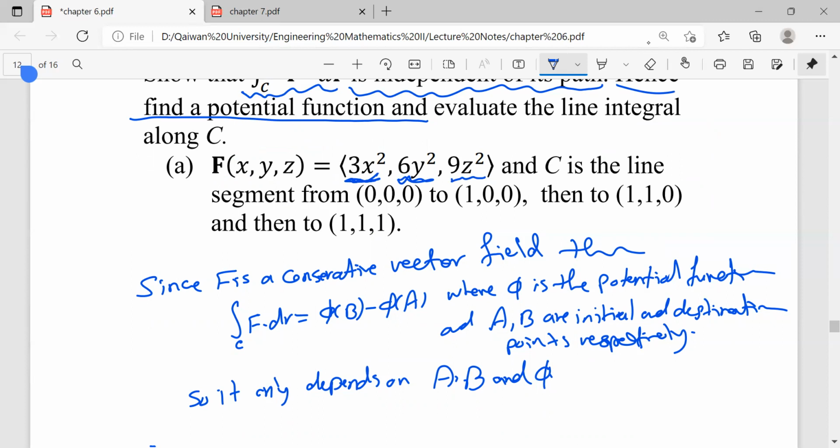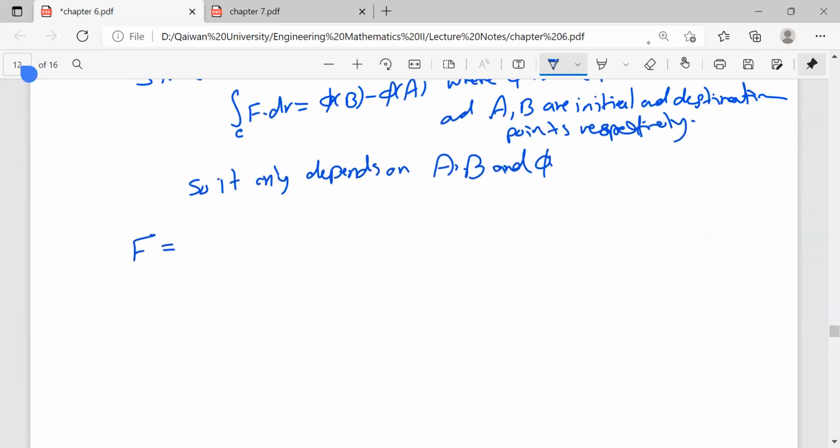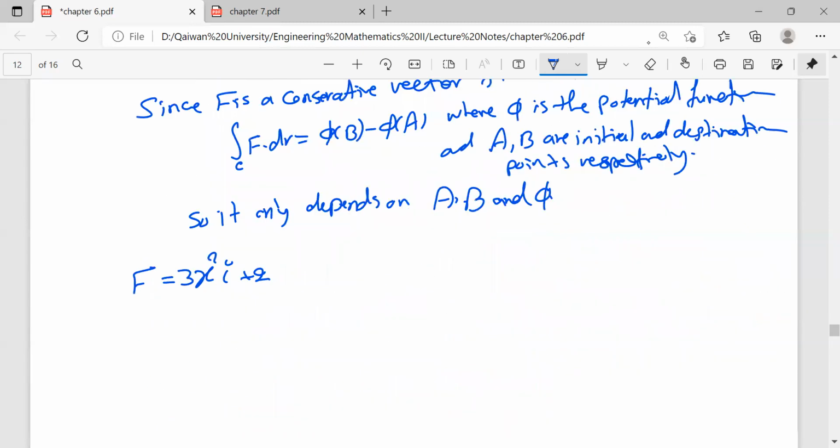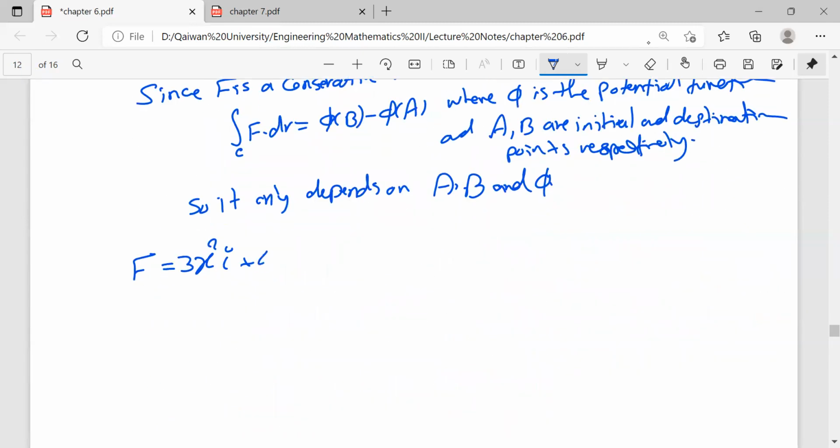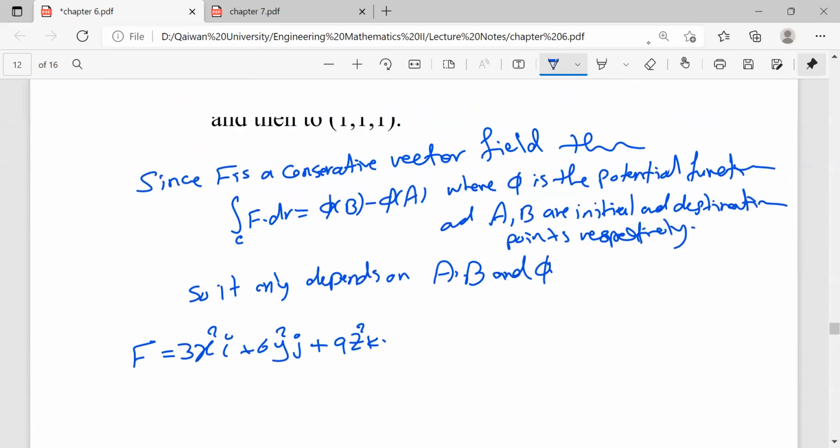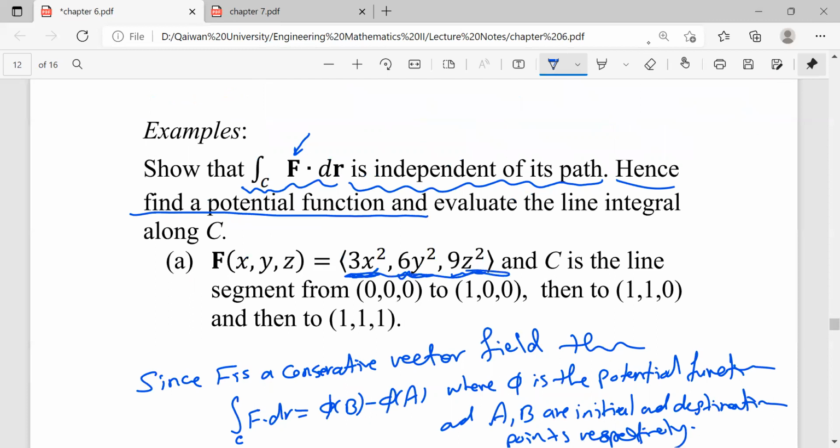In the other form, F equals 3x squared i plus 6y squared j plus 9z squared k. This is the vector field which is given. Here we just write it in another form, between two angle brackets. When you write it as an equation, we write the components with i, j, and k for the parts.